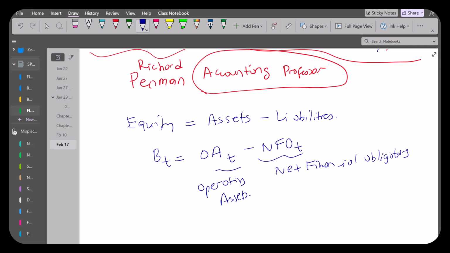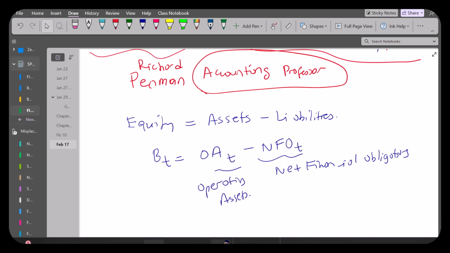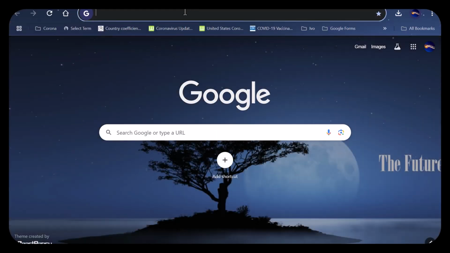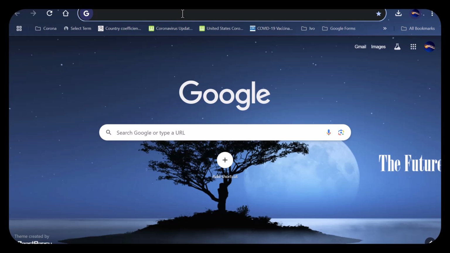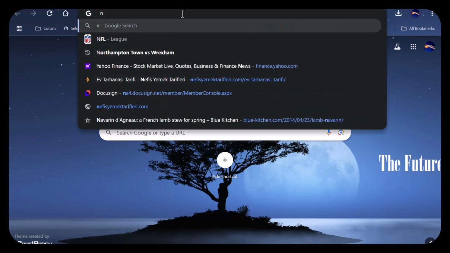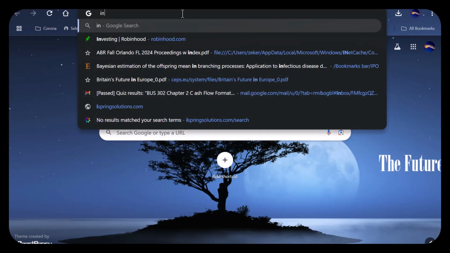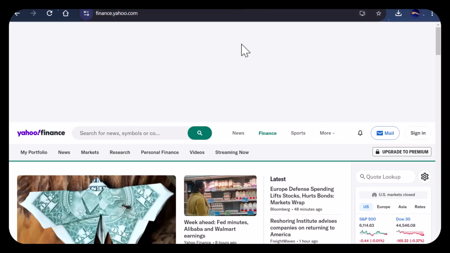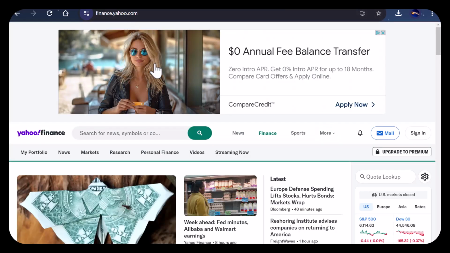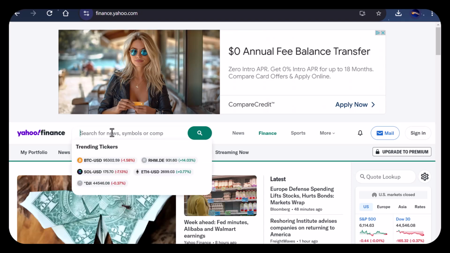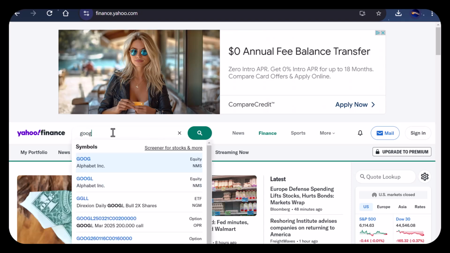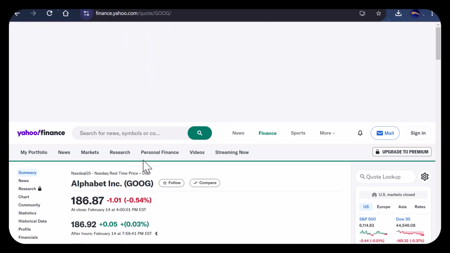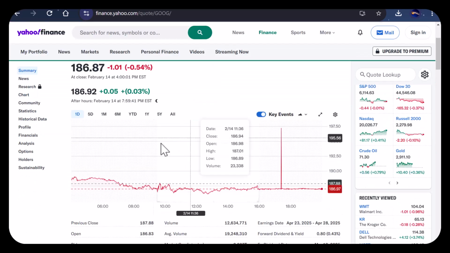And let me give you an example. Let's look at the balance sheet of, I'm going to do this quickly from finance.yahoo.com. Okay. Let's look at Google. Google hasn't paid dividends since it was established.